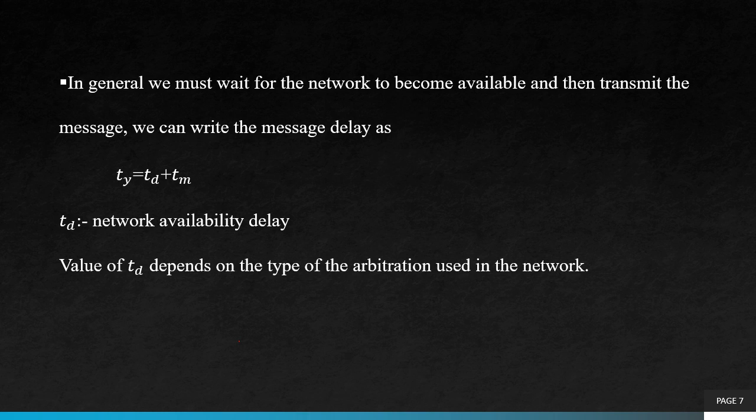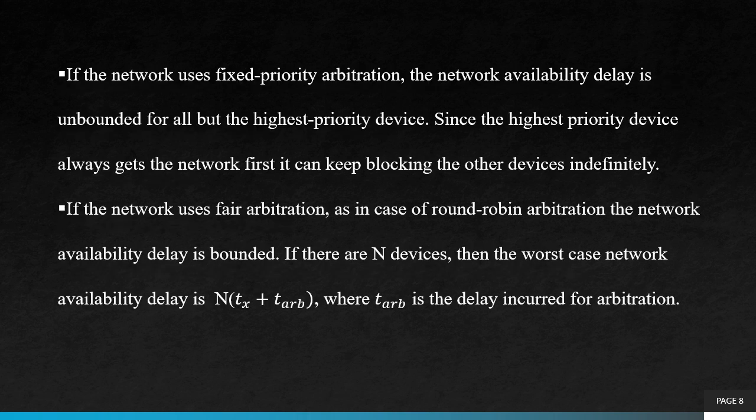The value of Td depends on the type of arbitration used. If the network uses fixed priority, then the availability delay will be unbounded and cannot be determined properly, because there is no guarantee that when a lower priority device gets a chance, a higher priority device will not always be given the chance.